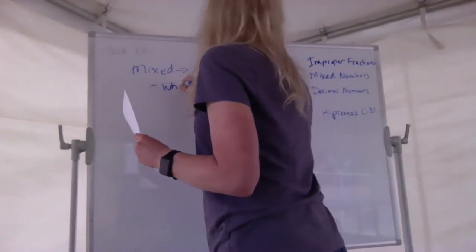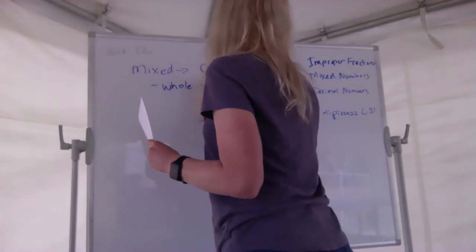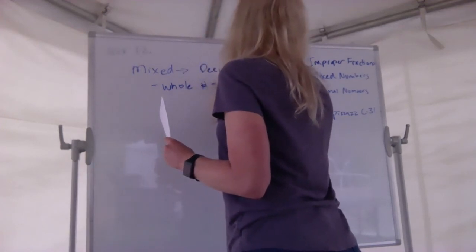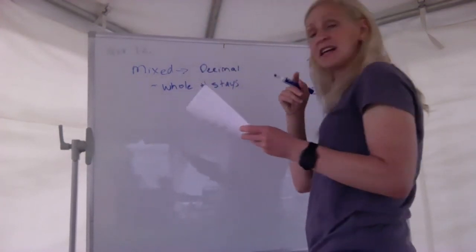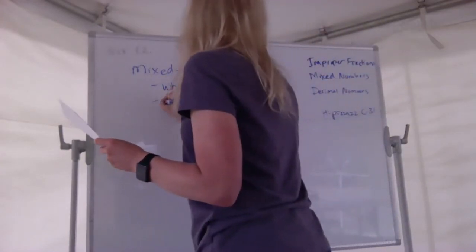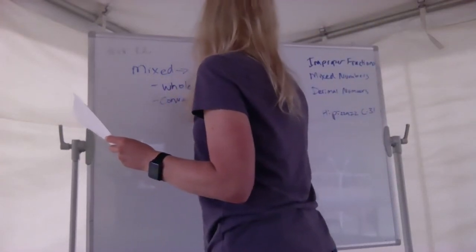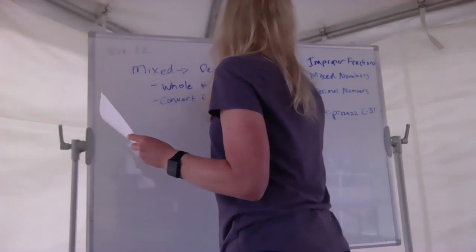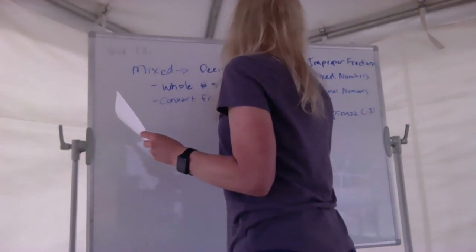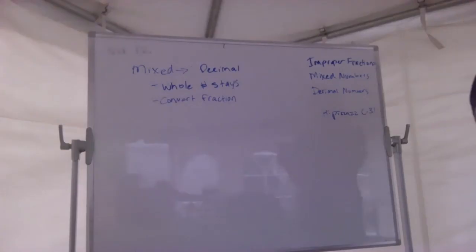So let's do this. Whole number stays how it is, and it's only the fraction that we're converting. Whole number stays, and then we convert the fraction. Let me know when you have that. We'll do some examples.